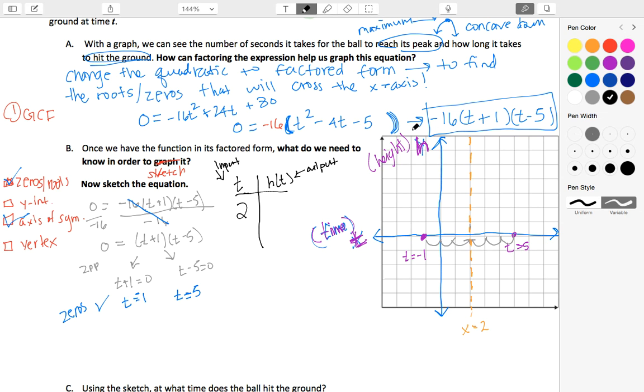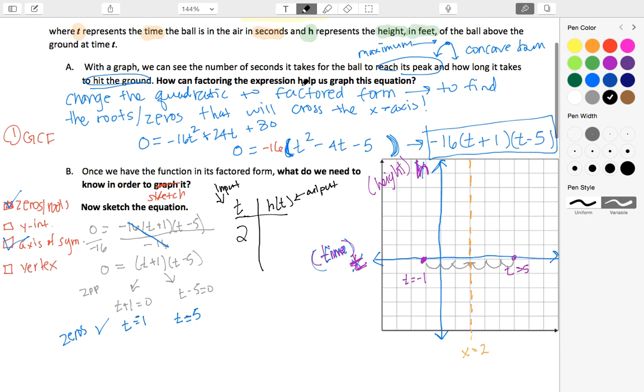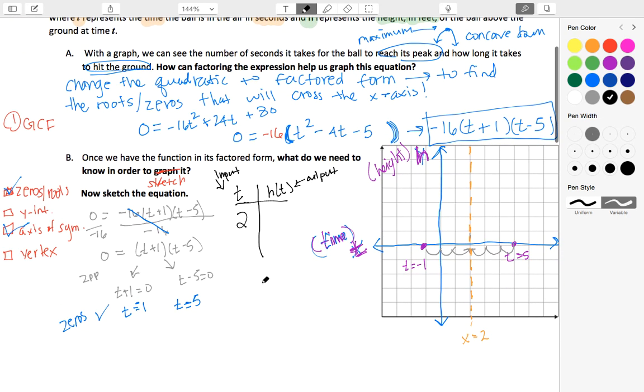Okay, so we can use our factored form, or we can use the original in standard form and figure that out. So we can substitute, is what I'm trying to say. So we can find h of t, and I'll use the factored form to substitute in this case. I can use -16, I'm going to leave space, +1, -5.